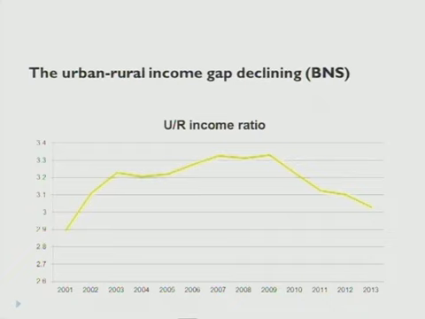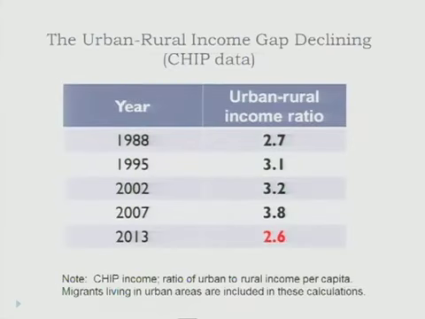Also, if you use our data set, the China Household Income Project, CHIPS, you will find that the income gap between rural and urban China increased over time until 2007. After that, the gap declined, and significantly so between 2007 and 2013.